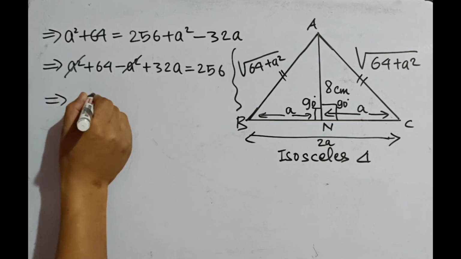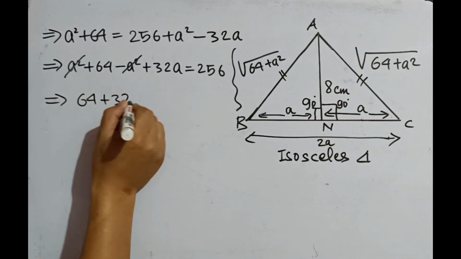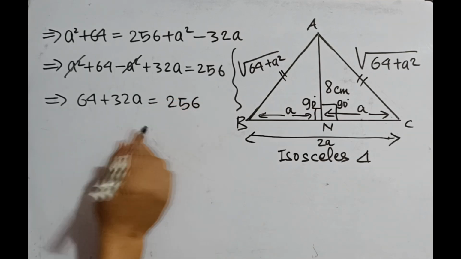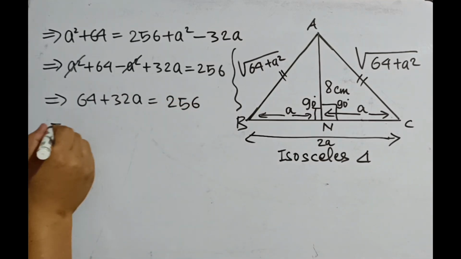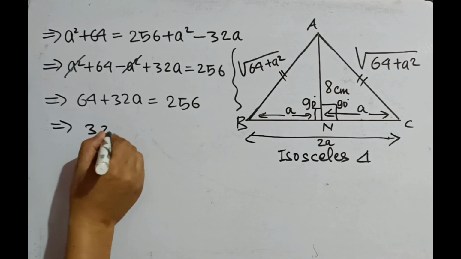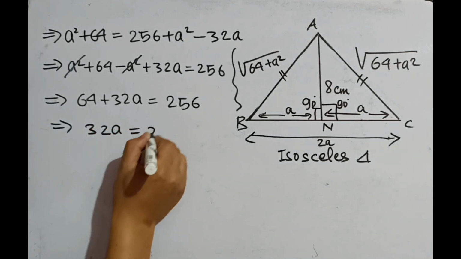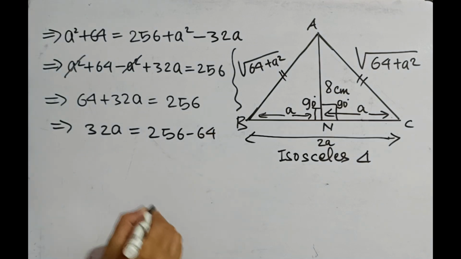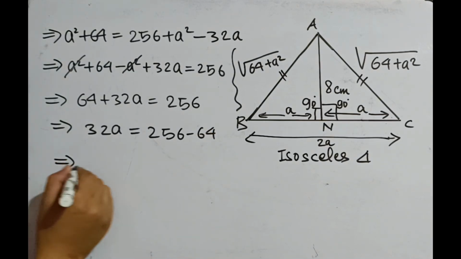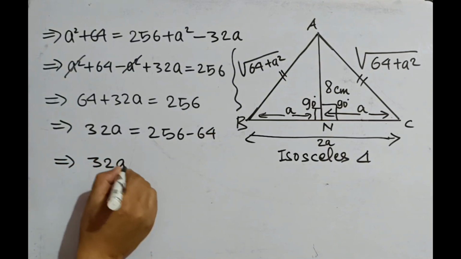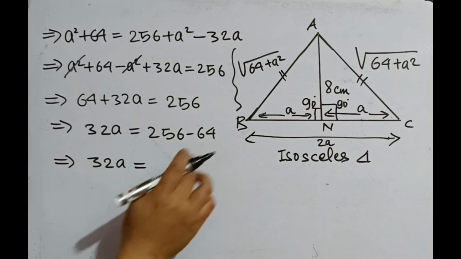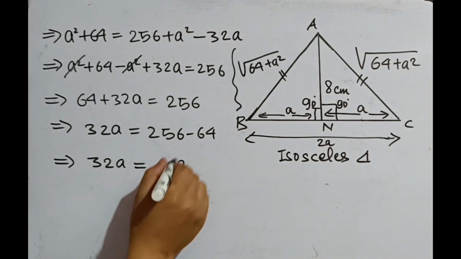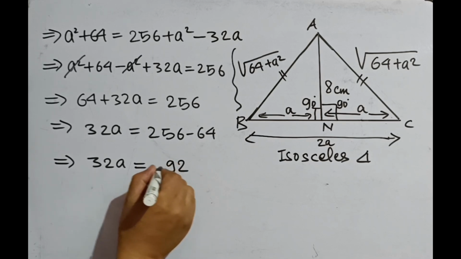So this gives 64 plus 32a is equal to 256. And now we can take 64 to the right hand side, and this gives 32a is equal to 256 minus 64. In the next line we get 32a is equal to 256 minus 64, which is 192.